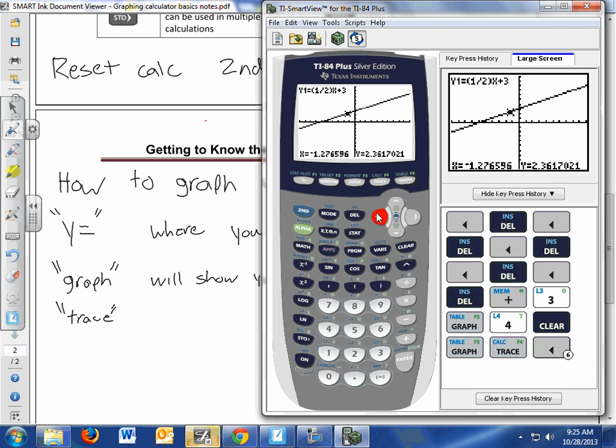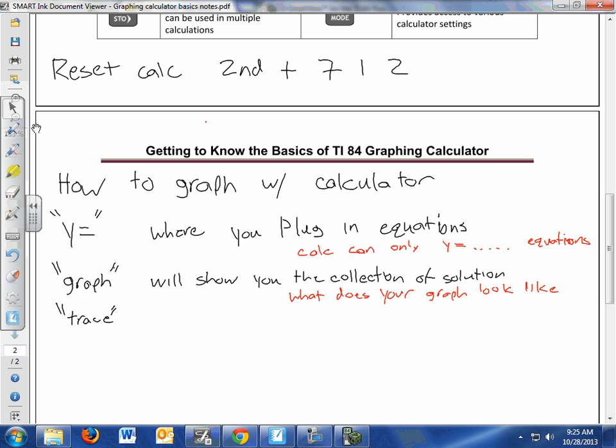However, some calculators show you decimal solutions, which is not nice. Some show you very nice whole number solutions, which is better. But at least you can see where your graph is, and maybe you have an idea of some solutions, okay? So trace shows you decimal solutions, and I would call them crazy decimal solutions.